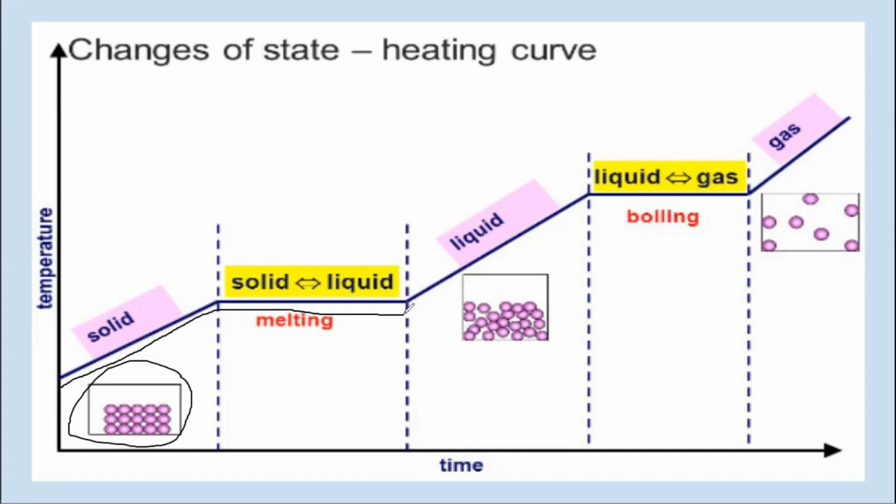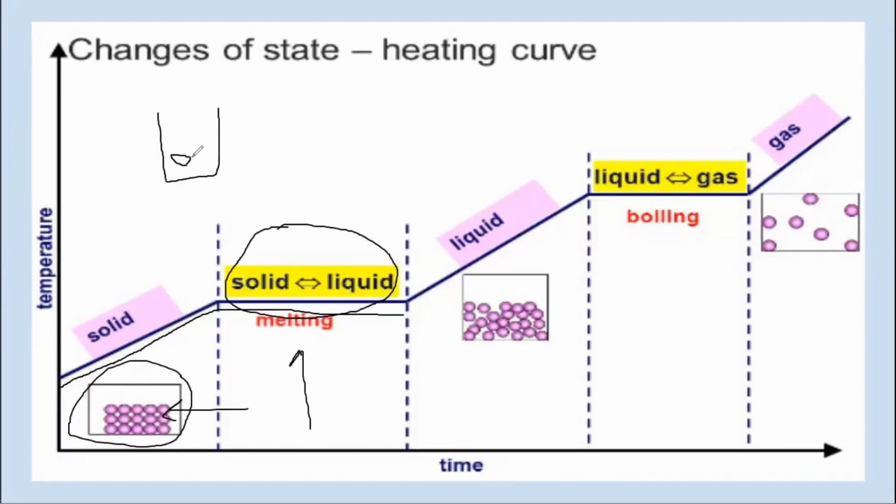Why is the temperature not rising? Because when a change of state takes place, the temperature does not rise or fall. Whatever heat energy is going into this solid is utilized in the change of state, not in increasing the temperature.